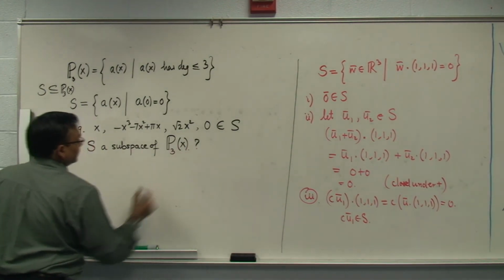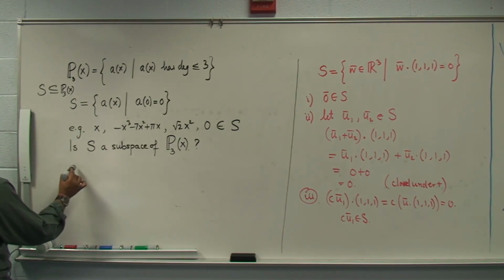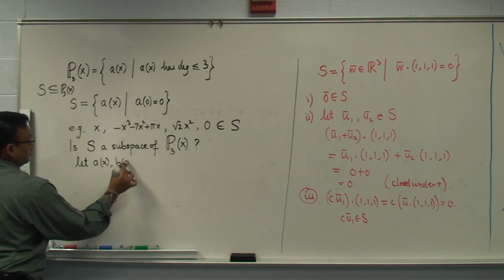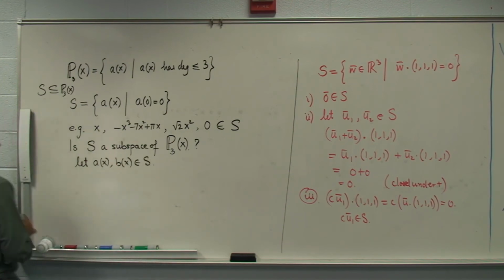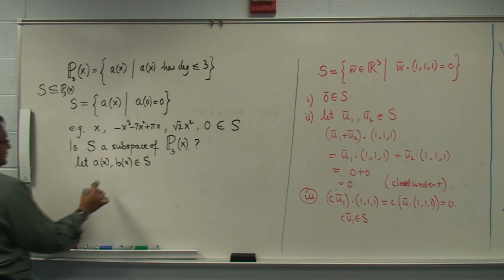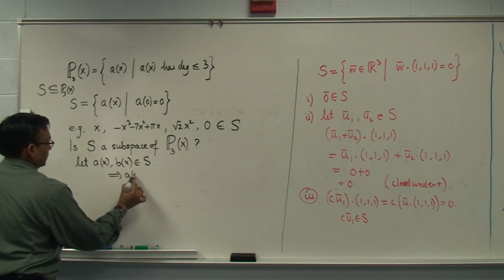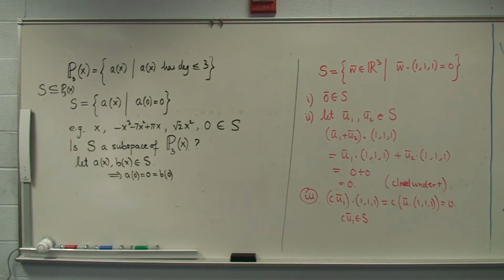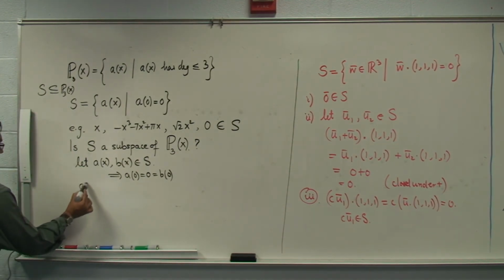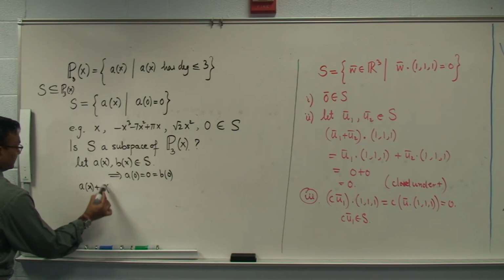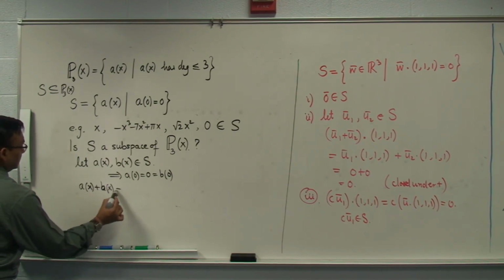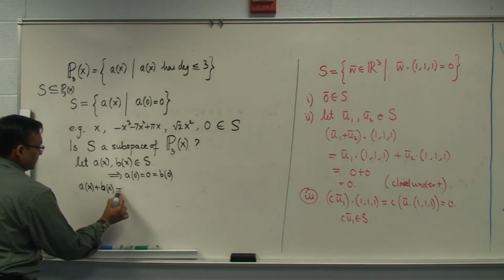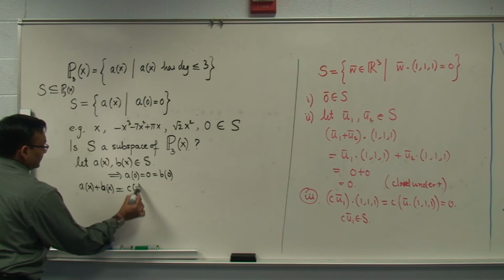Well, let's see. If I have two polynomials in S, the reason they are in S is that their constant terms must have been 0. That is the only reason they are in S. So what about the sum of the two polynomials? Now we are adding the polynomials the usual way we add. That means adding all the terms of the same degree together. I call this polynomial some C(x).